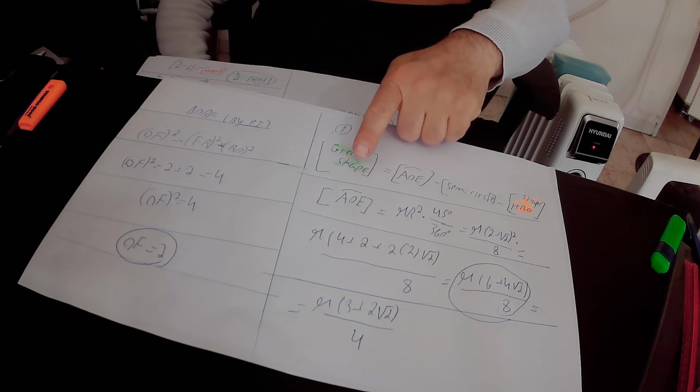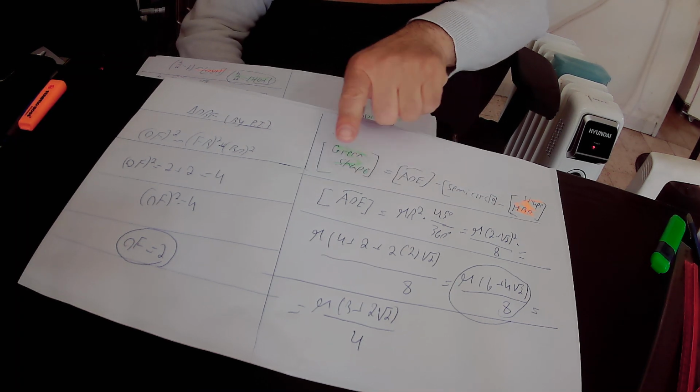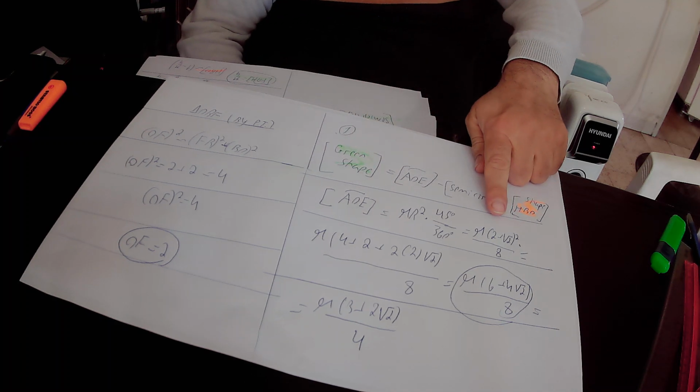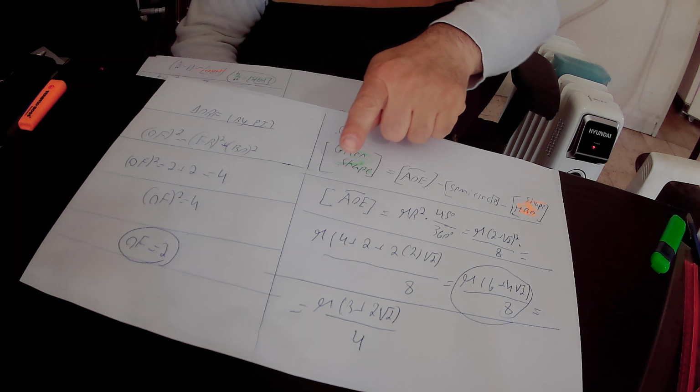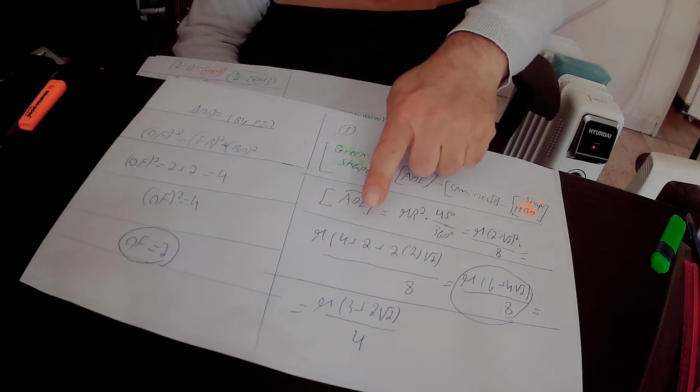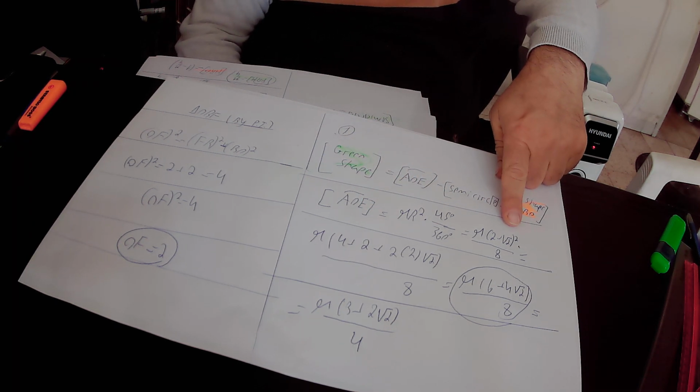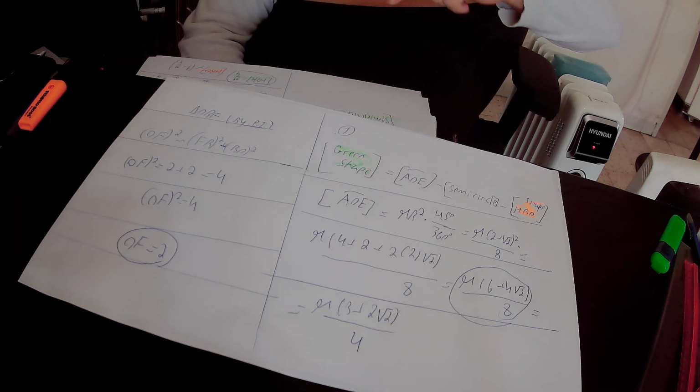Expanding the square: 2 squared is 4, plus square root of 2 squared is 2, plus 2 times 2 times square root of 2. And we divide it by 8.